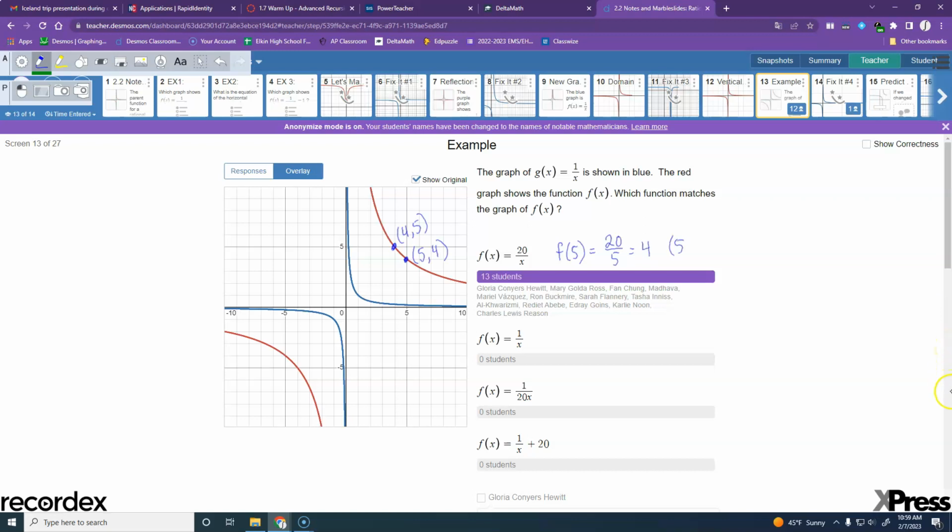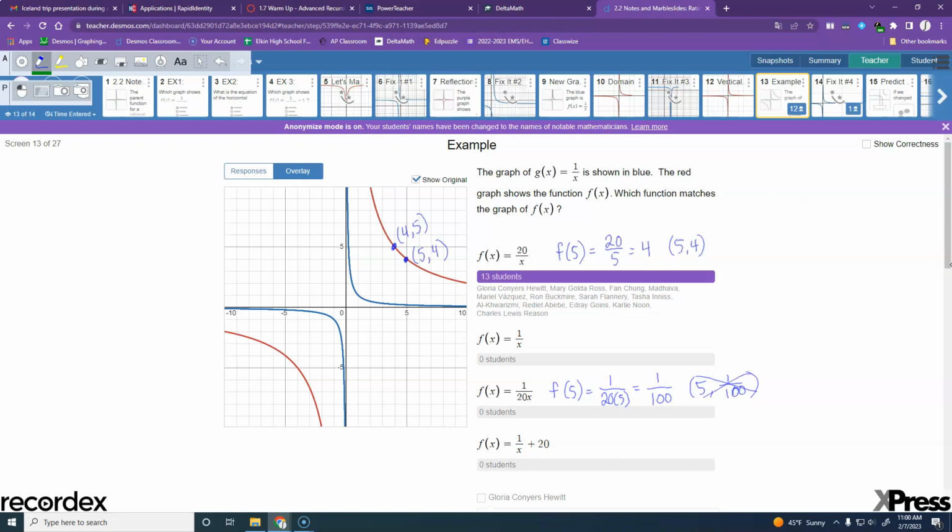That tells me the point 5, 4 is on that graph. If I try that down here, f of 5 would equal 1 over 20 times 5, which would give me 1 over 100. This would tell me that the point 5, 1 over 100 is on the graph. That is not on that red graph right there.